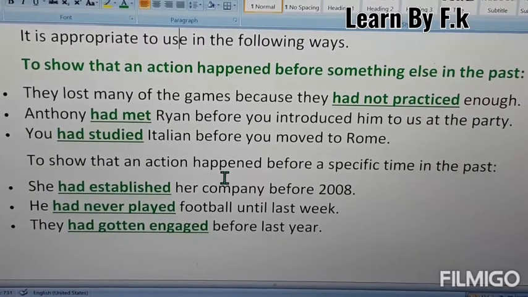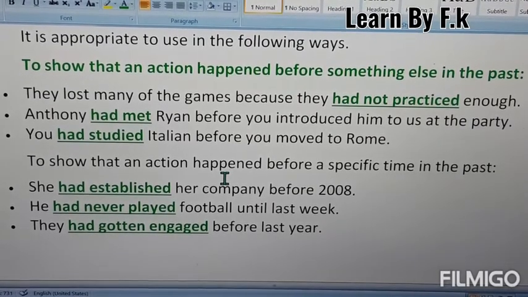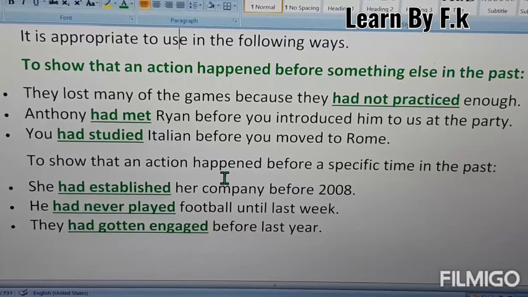For example, you entered a room and after that you opened your bag. There are two sentences in the past tense. If I combine these activities, what happens? One becomes the past simple and the second sentence becomes the past perfect tense.